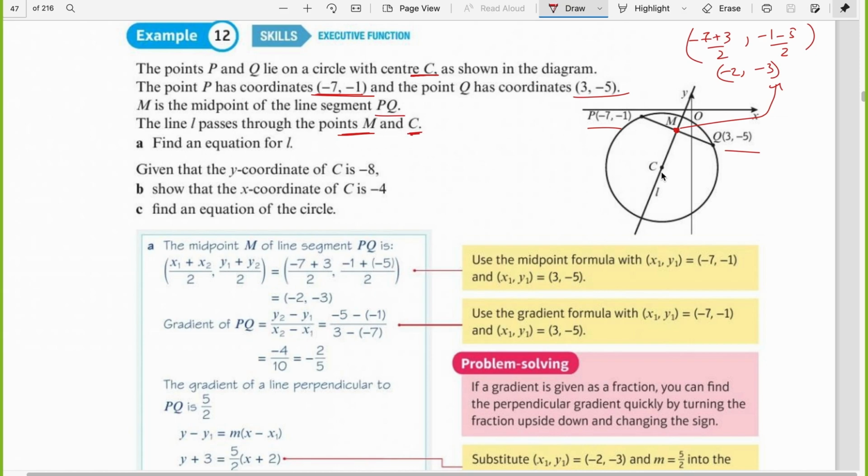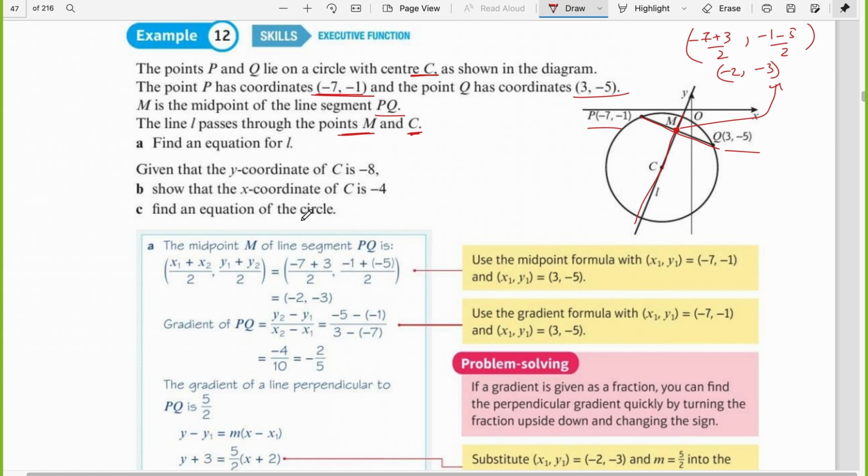To find the center, we know this gradient and we can find the gradient of PQ. Done. The negative reciprocal is the gradient of MC. So the equation of this line could be found.